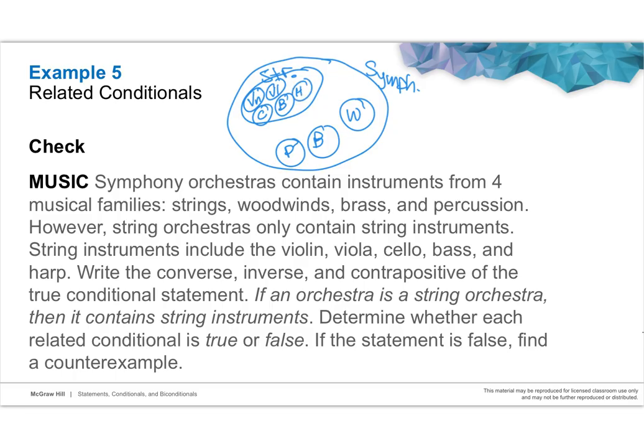So now if we use these relationships to come up with the conditional and the related conditionals, and then determine whether each of those are true or false, we can use this Venn diagram to help.